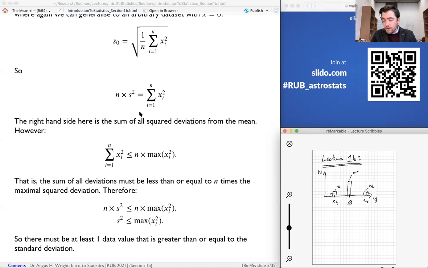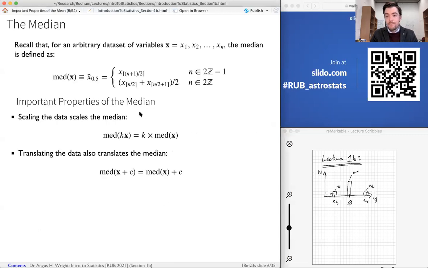Because by definition, as we just proved, the standard deviation has to be greater than some of the data and less than a fixed fraction of the data. So it has to be informative, essentially, for some measure of dispersion. We'll see why that's going to be important in a couple of slides' time.